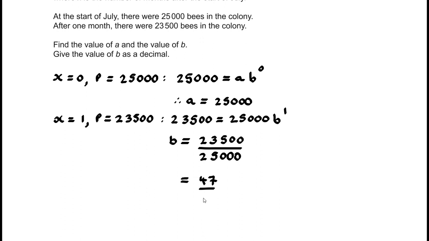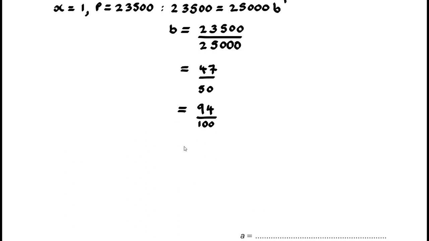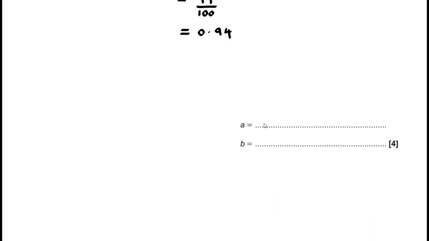So we've got 47 over 50. And if I double it, I get 94 over 100, which is the same as 0.94. So A equals 25,000, B equals 0.94.